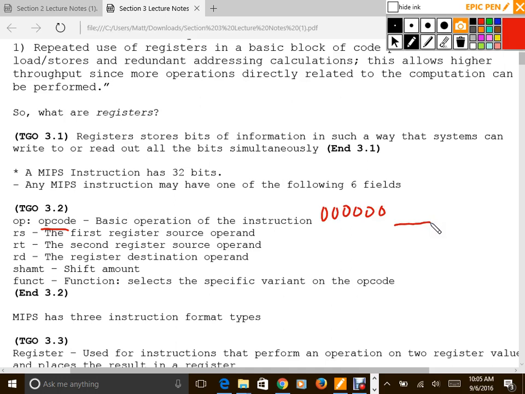And does anybody remember why we use 5 bits to represent a register in MIPS? Why do we use 5 bits? No, but you're on the right path. If I want to write a register address and I have a 5-bit value that I can use to indicate that register, what does that mean I have?